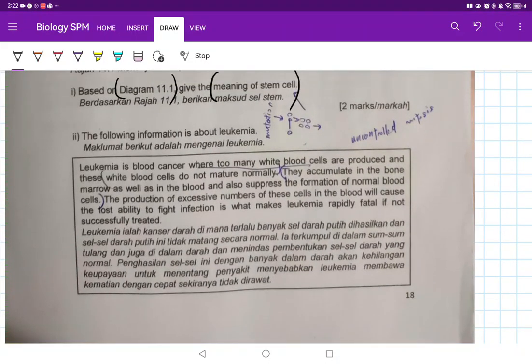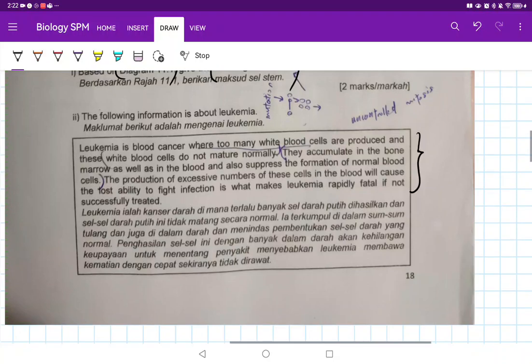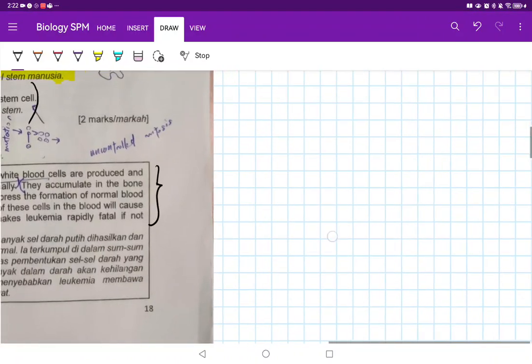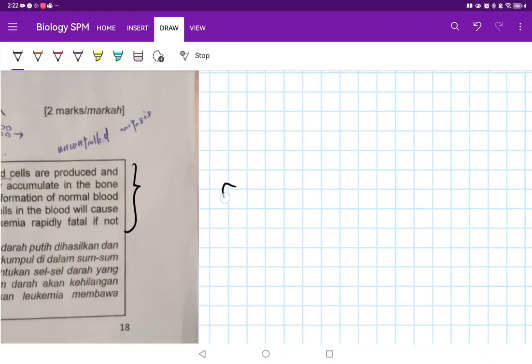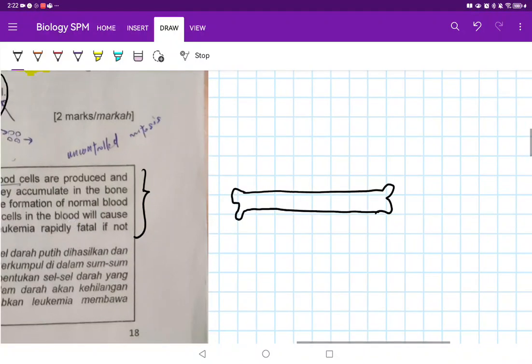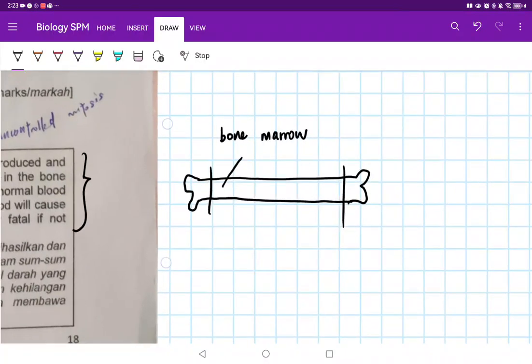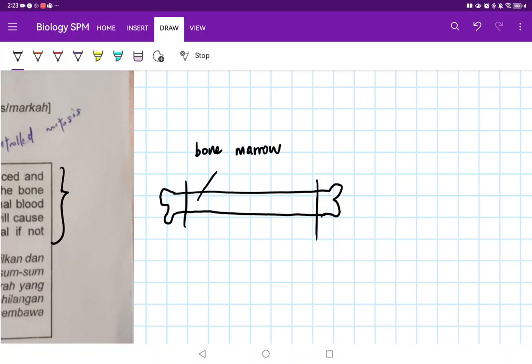Next is about leukemia. Here it gives you a very brief description of leukemia, so I'm going to go through one by one. Leukemia is a blood cancer where too many white blood cells are produced and these white blood cells do not mature normally. What this means is that in the human body, we have a lot of bones, right? Each bone contains something called bone marrow, and the bone marrow will help you create stem cells.